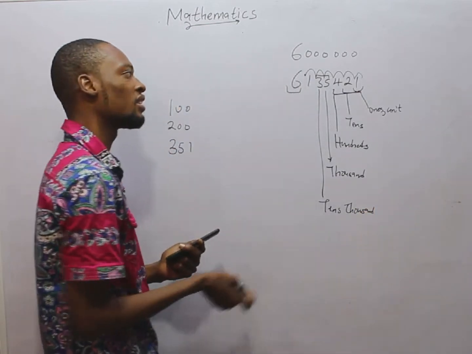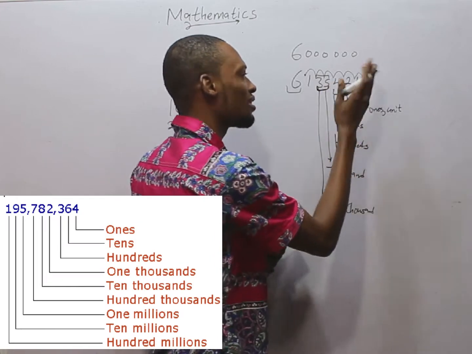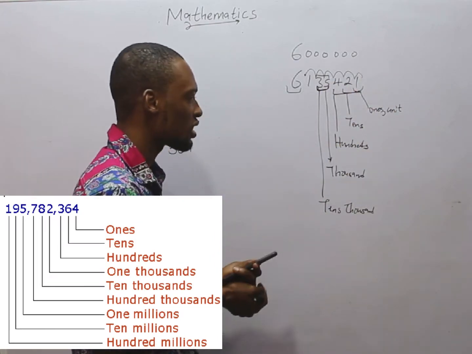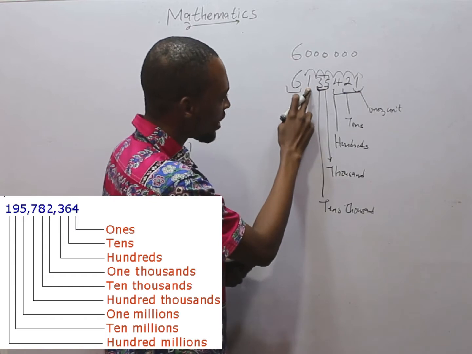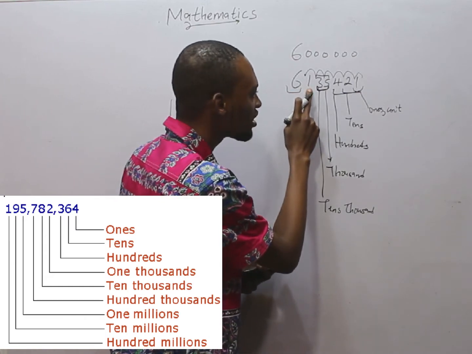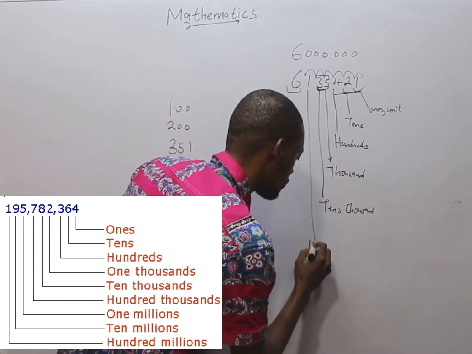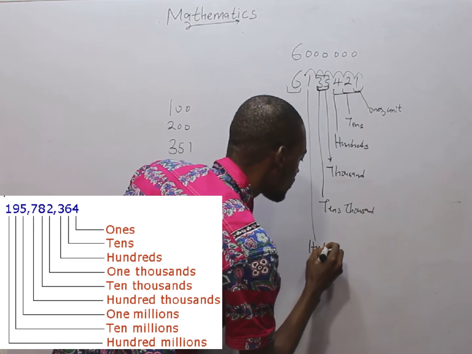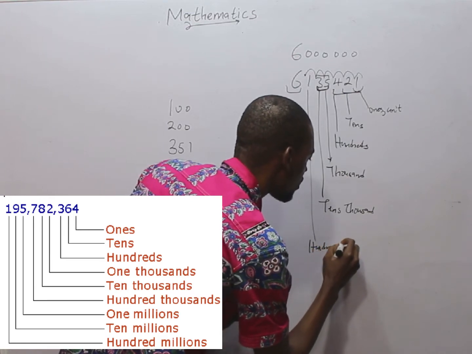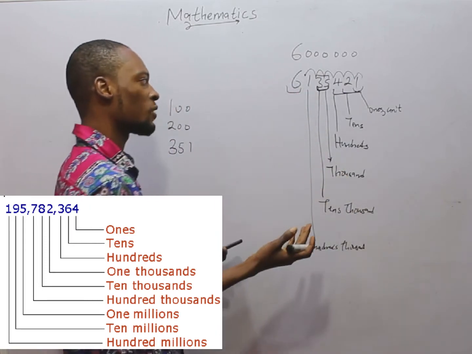So 10,000, 35 was 10, 2 together in tens, 3,000, 35,000. Now, what about here? You refer to this as 135,421. So 100, so this is in hundred of thousand.